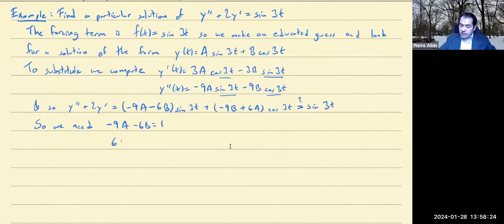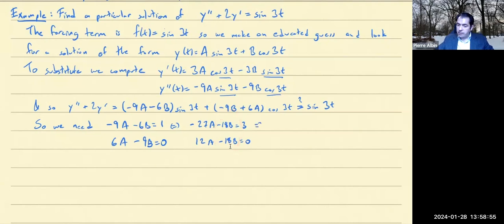So first 6a minus 9b should be equal to 0. Right? This is a simple system to solve. Let's just multiply the first equation by 3. Multiply the bottom equation by 2. So that I have minus 18b on both.